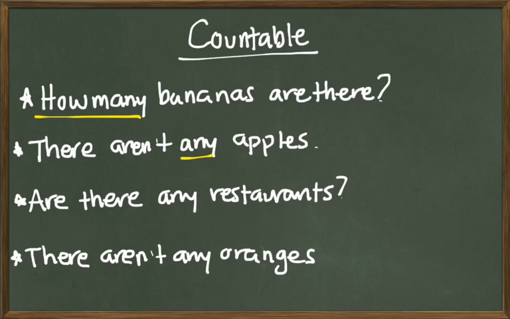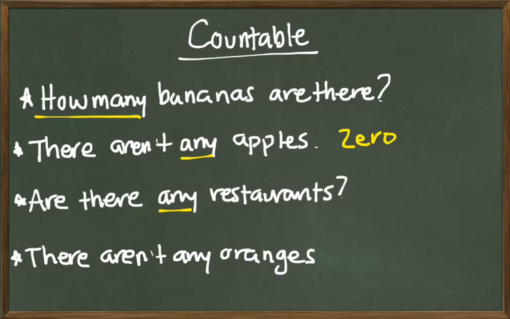We have our expression any, and in here we're saying that the quantity of apples is 0. In number 3, are there any restaurants? We have our expression and we're asking for the quantity. They're asking if there is existence of restaurants in the area.